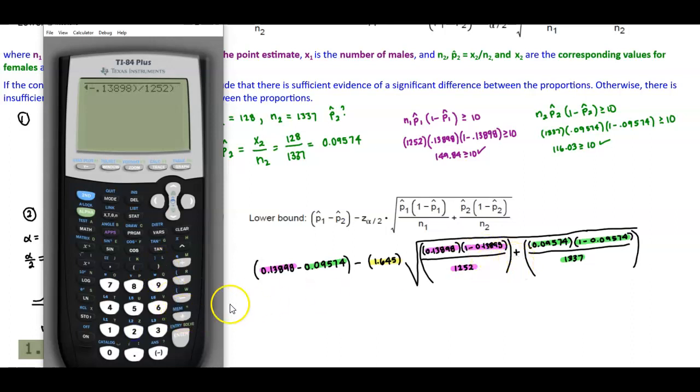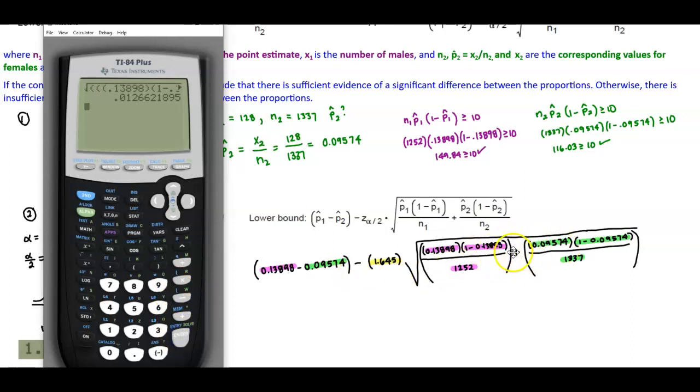Then we have the addition sign, plus, and then parentheses, 0.09574 times 1 minus 0.09574, divided by the sample size, 1337, and close the parentheses, and then we have our value there.